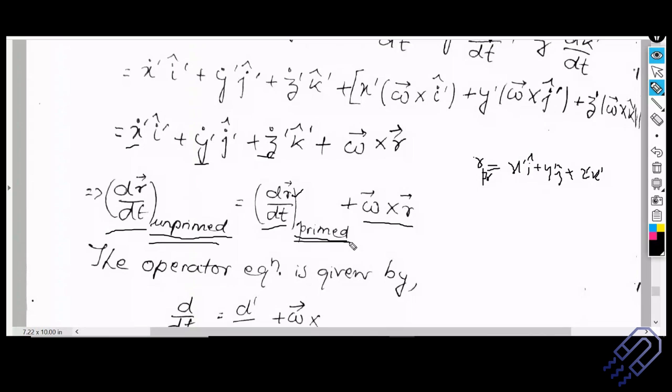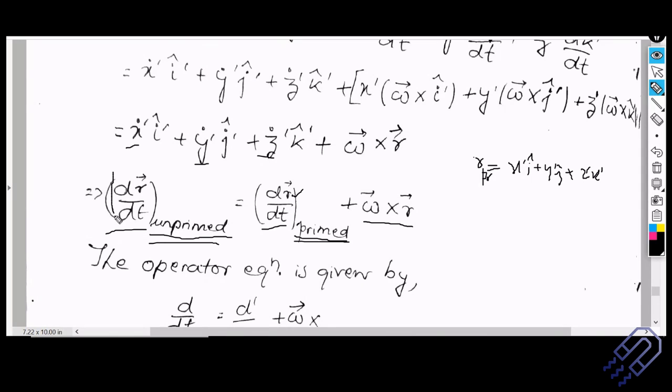And if you remember your quantum mechanics, or in general, we call something an operator. Whenever you say, let's say, I want to find d by dt of x to the power n, d by dt is usually called an operator. So here also we have an operator. What is our operator?